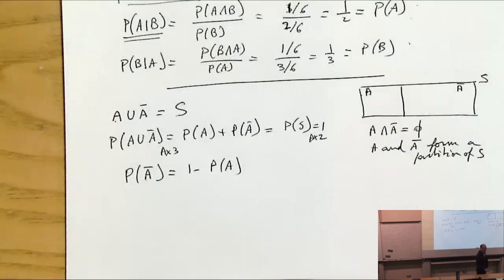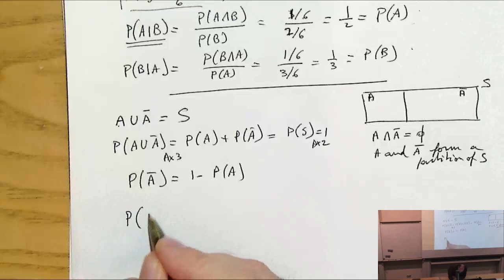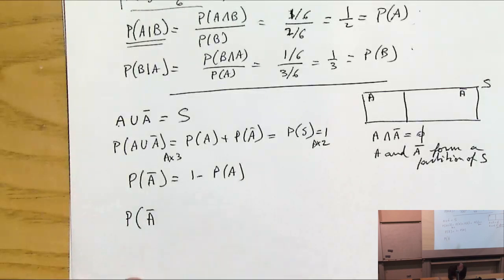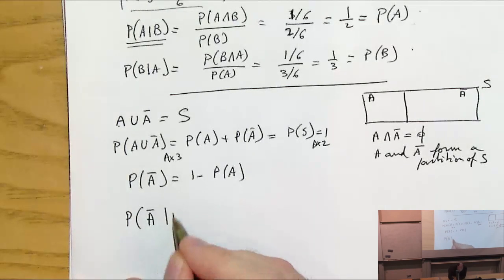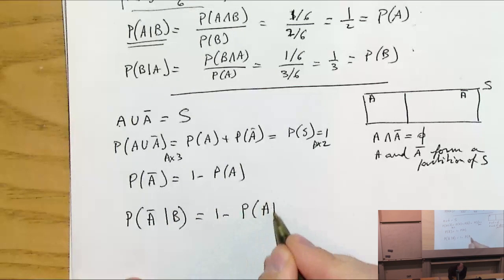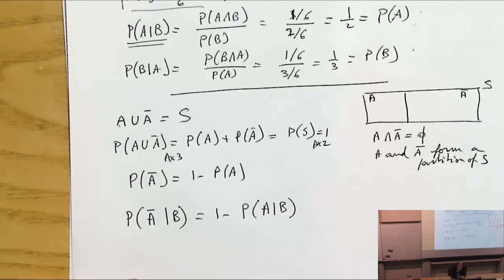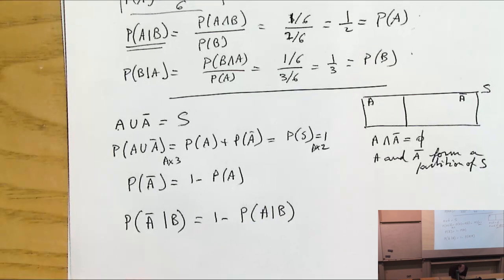Now the same relationship holds when we go to conditional probability. So what that means is that I can write the probability of not A occurring given that B has occurred is 1 minus the probability of A occurring given that B has occurred. So how can we show this?